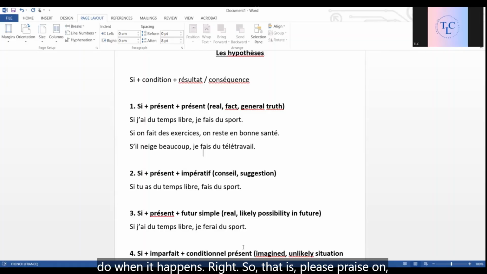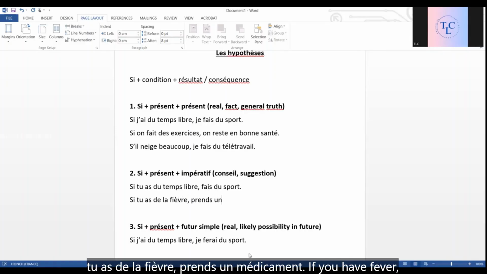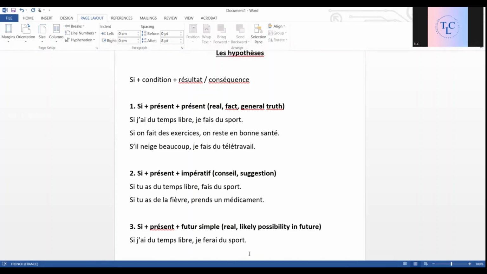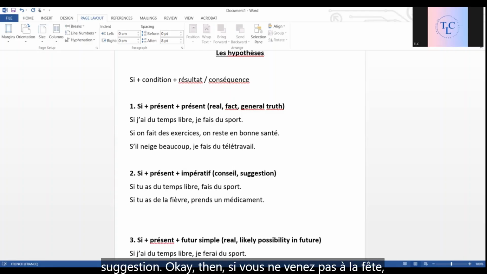So that is si plus présent plus présent. Then si plus présent plus impératif. Si tu as de la fièvre, prends un médicament. If you have fever, take a medicine. That's again conseil, suggestion.